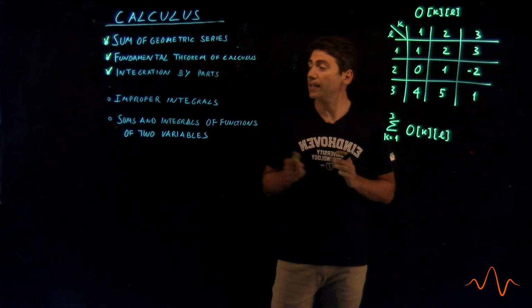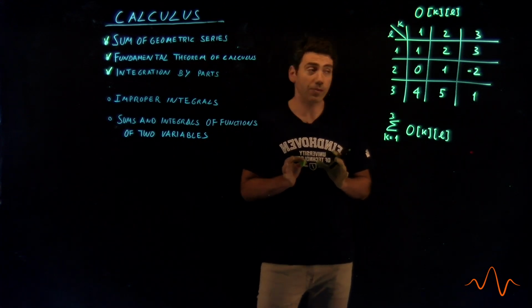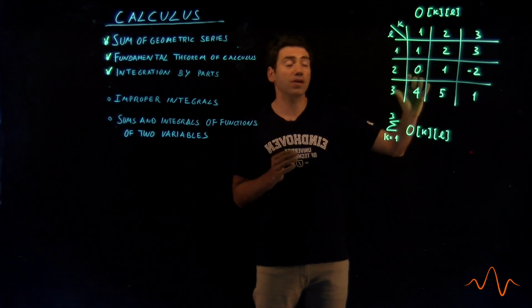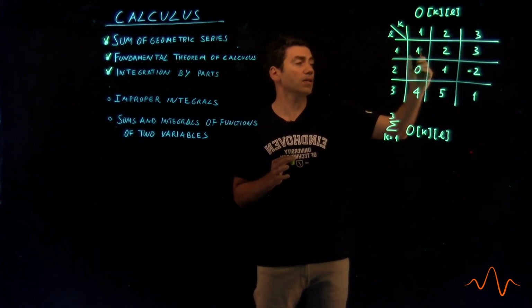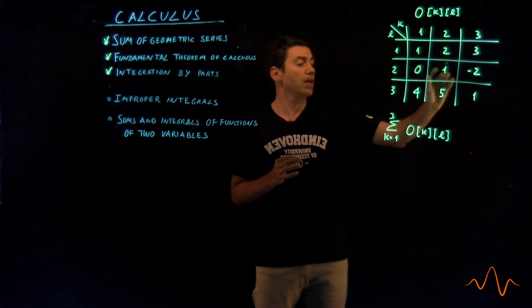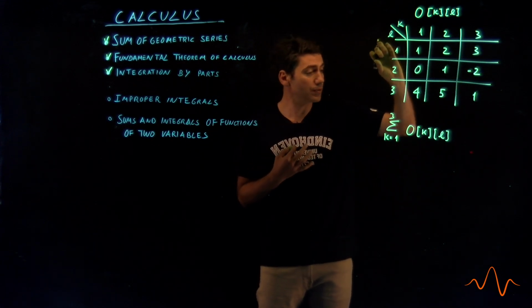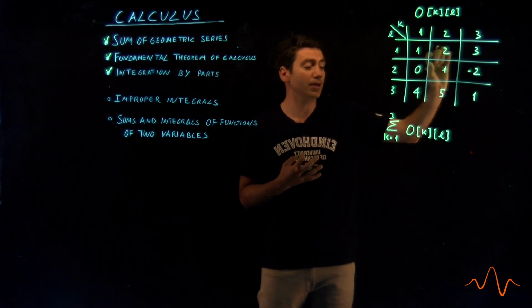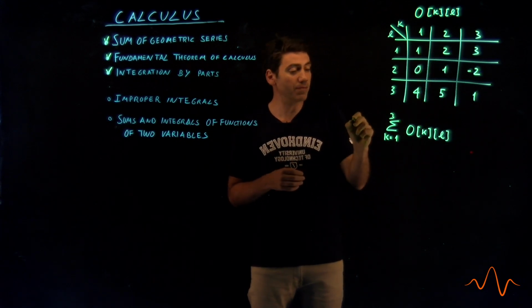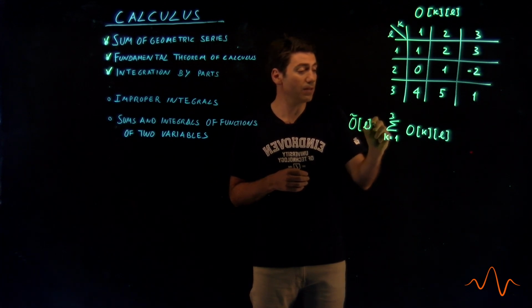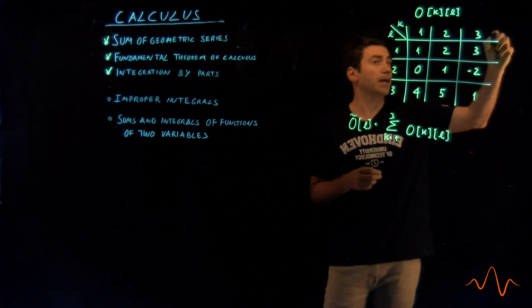Now, let's look at sums and integrals of functions of two variables. Suppose first that I have a matrix, a discrete function of two variables, k and l, and it's represented here. And I want to add just with respect to k. I want to fix l and add with respect to k. So this will give me a function of l. How do I obtain this function of l? I can plot it here.